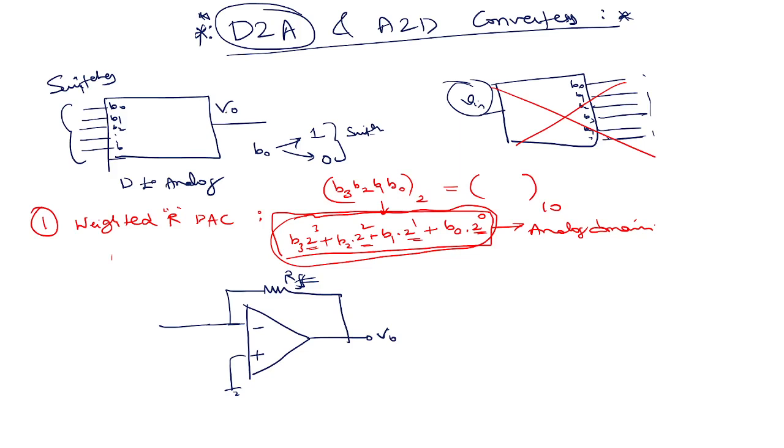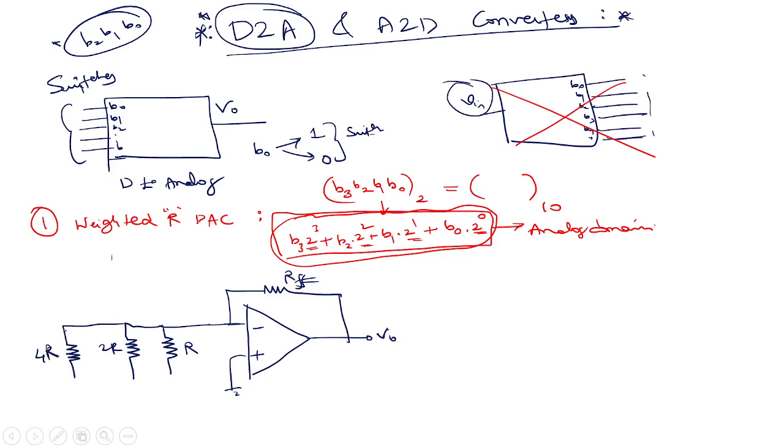I will take only 3 digits, B2, B1, B0. That's it. I will have a resistor R, then some resistor 2R, then some resistor 4R. Something like that.